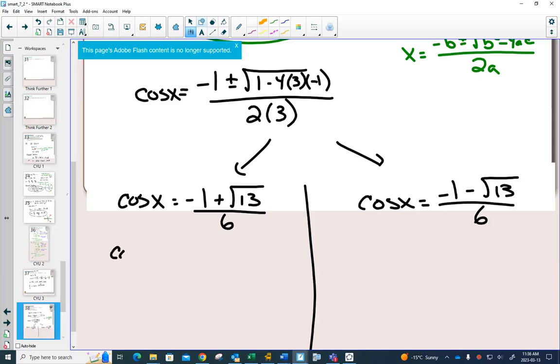And the plus one, I got 0.434, and negative 0.767, one positive, one negative.